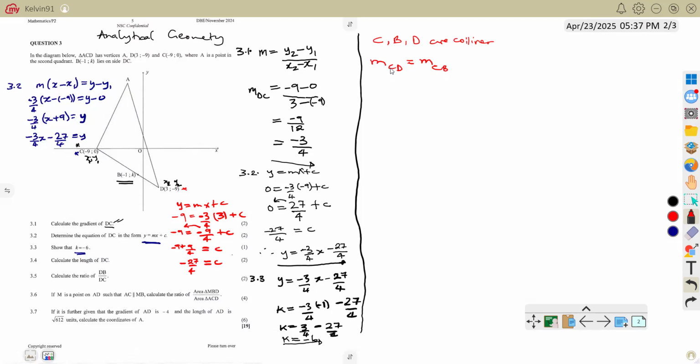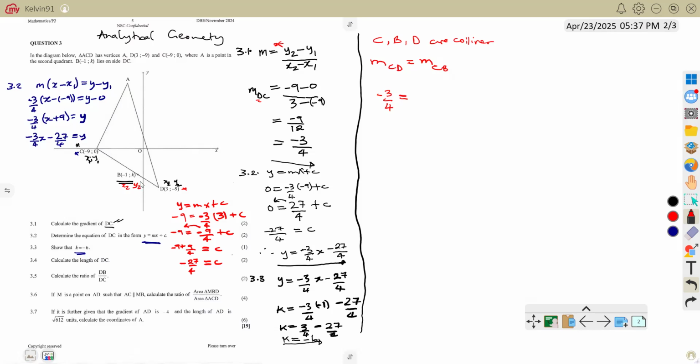So in this case, our gradient of CD was calculated, and we found the gradient of CD to be -3/4. Then the gradient of CB, we are going to apply the formula here, change in y over change in x. But we have to take note now. So if you decide this one to be your x1, your y1, it means here we will be having our x2 and our y2.